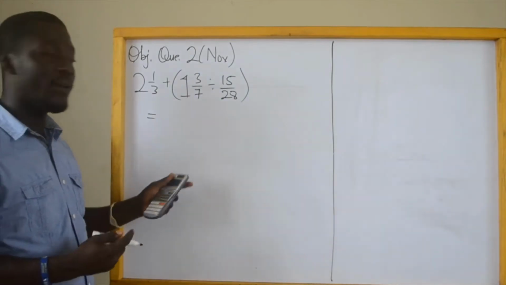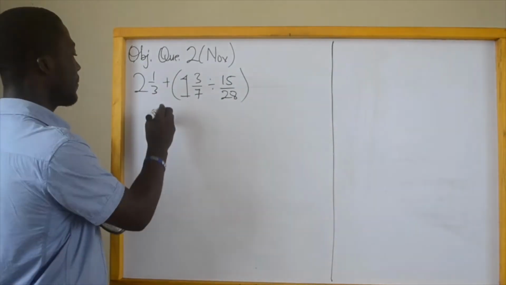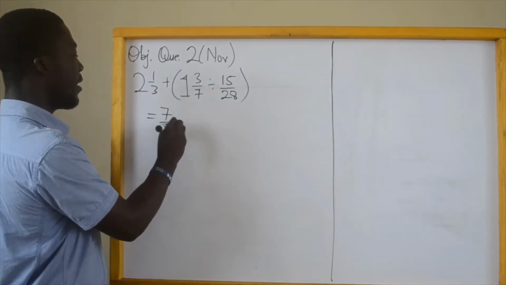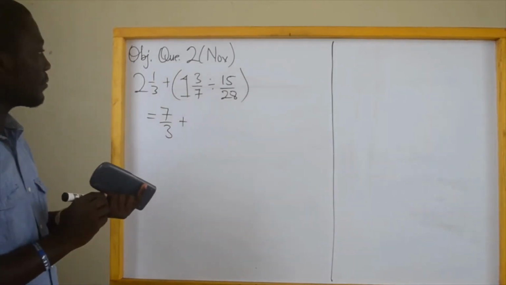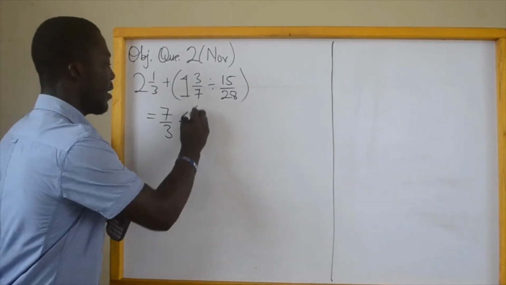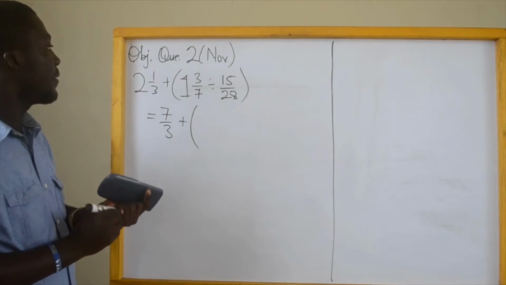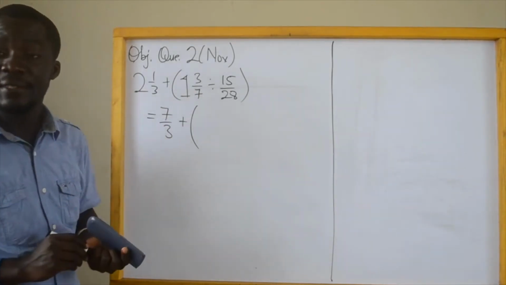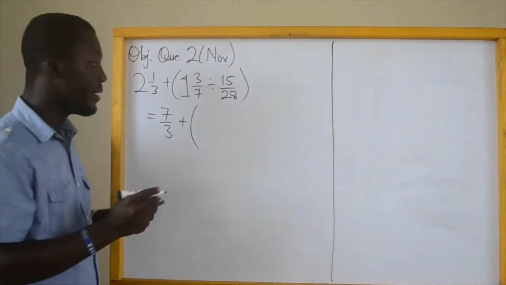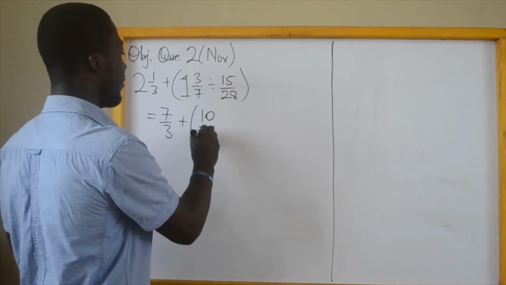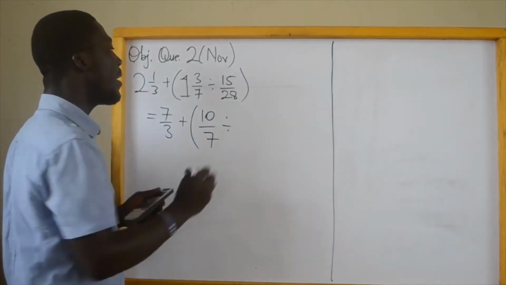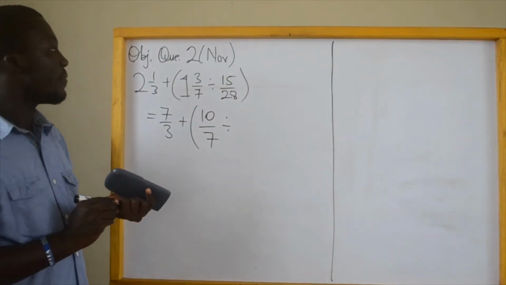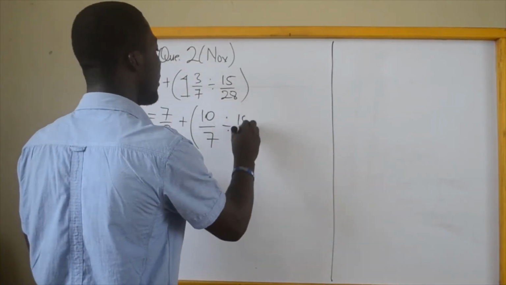So 2 times 3 is 6 plus 1, 7 over 3, plus, our brackets opened, 7 times 1 is 7 plus 3, 10 over 7, divided by 15 over 28.